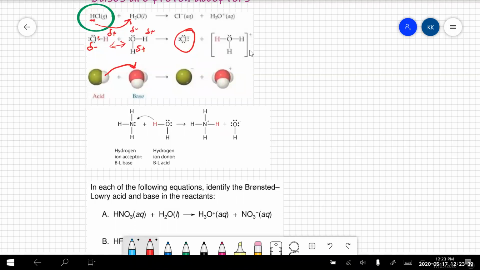This forms the ammonium ion, which is, again, an electron deficient molecule and therefore gets a positive charge. We also leave the hydroxide ion, because this hydrogen on the water molecule left without its original electron. So now the oxygen and the hydrogen have excess electrons.